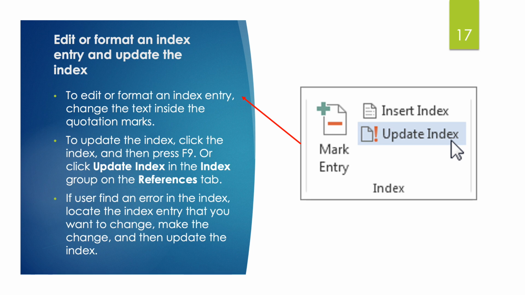To edit or format an index entry, change the text inside the quotation marks. To update the index, click the index and then press F9, or click Update Index in the Index group on the References tab. If the user finds an error in the index, locate the index entry that you want to change and then make the change. And then remember to update the index again.